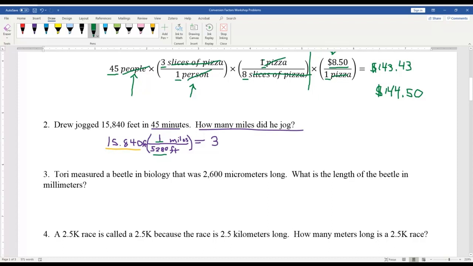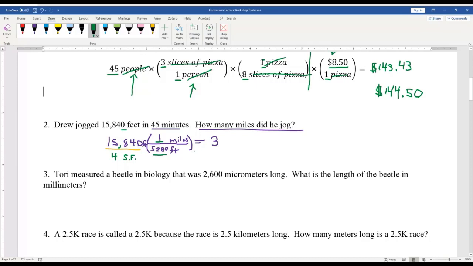And if you look at this first number, the 15,840, how many significant figures is that? How many sig figs is that? Very close. You might think that the last zero is significant, but trailing zeros at the end are only significant if there's a decimal point. In this case, there's no decimal point, so this is actually only 4 significant figures.